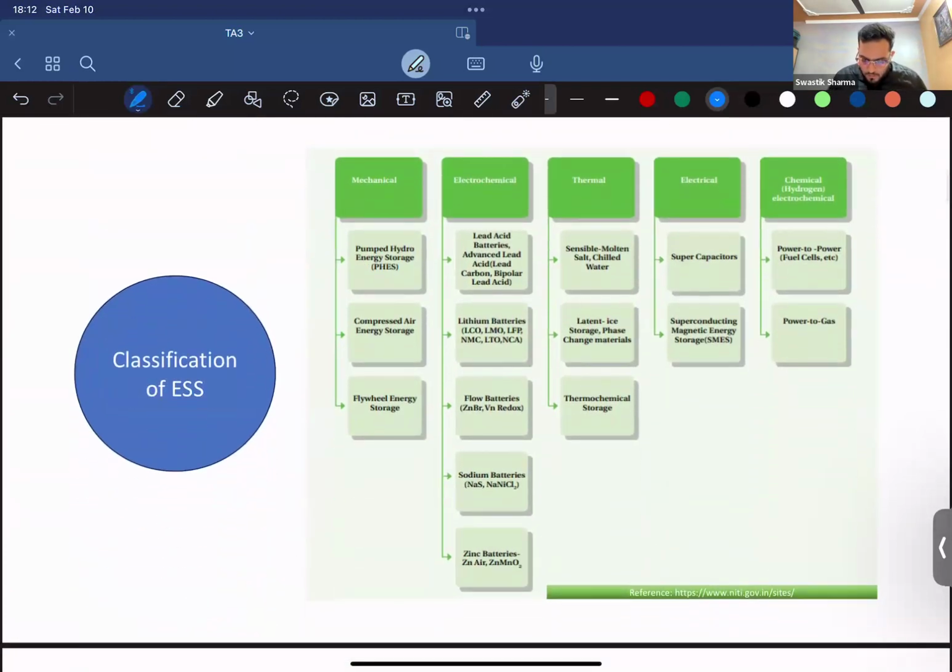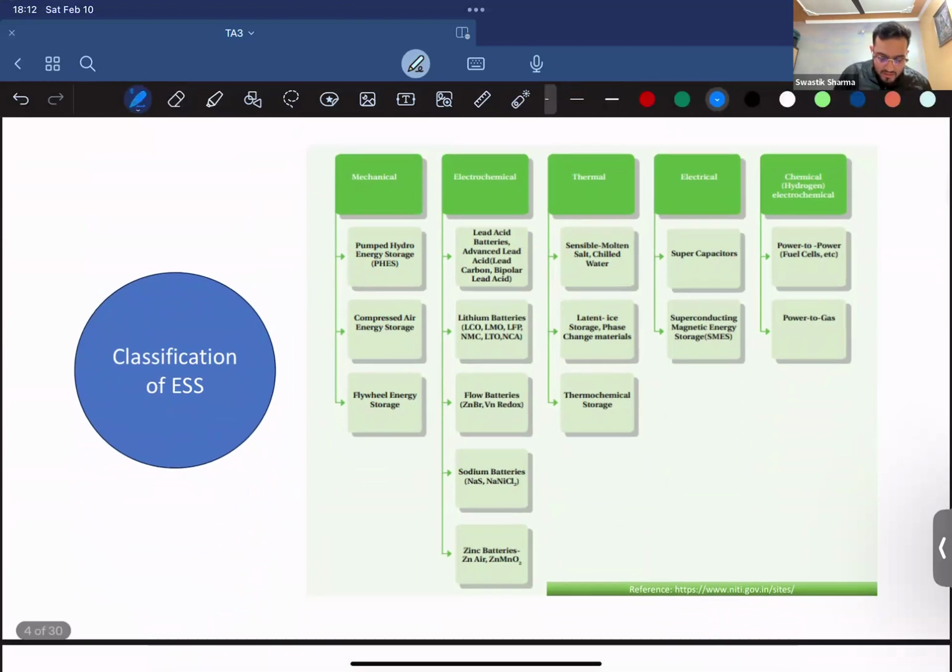So if we classify ESS, similar classifications can be made, where I have just explained and given examples of various different kinds of devices. In mechanical, again, it's hydro, flywheel, or compressed air. Then it's lead acid, lithium batteries, flow batteries, sodium batteries, and zinc batteries. We'll discuss more about batteries at a later stage.